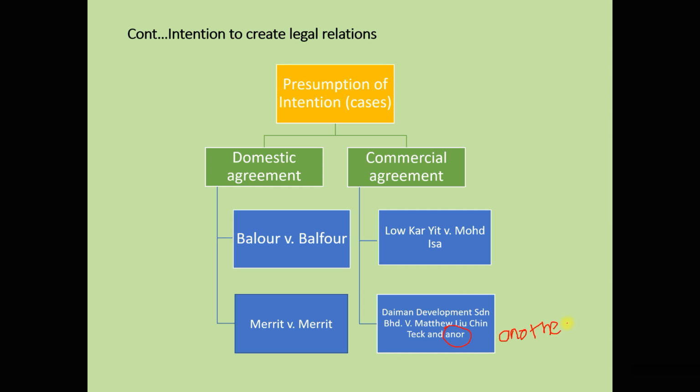So what I want you to do is please find Balfour and Balfour, and Merritt and Merritt. You can just Google, and for the next lecture we will discuss the facts of the case and what the court says about the case. For Loh Kayit and Diamond, I will provide you these cases, because these are Malaysian cases and you probably cannot find them through Google.